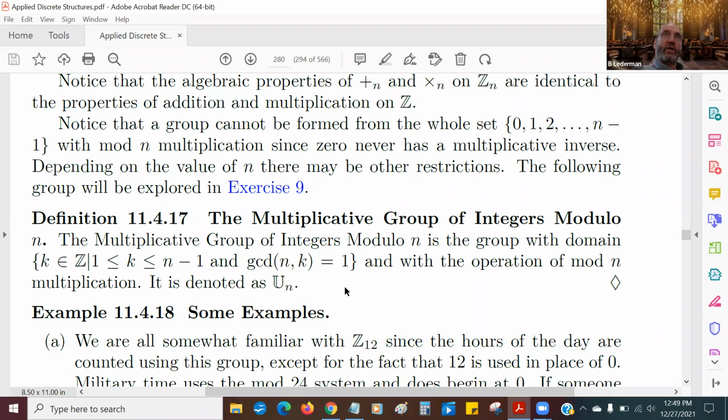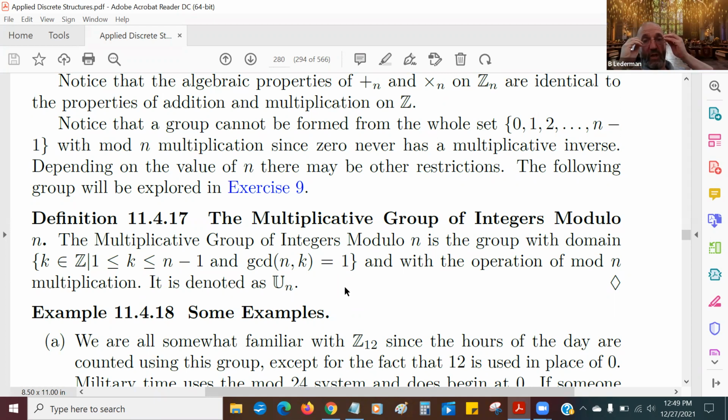In other words, whatever the mod is, I'm looking at all the elements which are relatively prime.